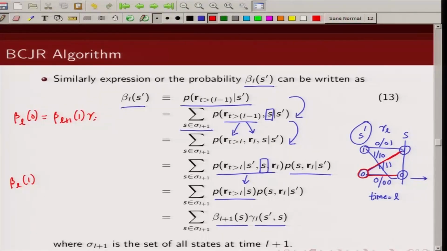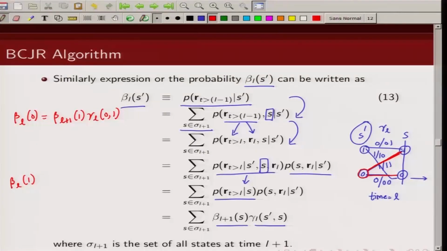The contribution of the first is beta L plus 1 corresponding to state 1 multiplied by gamma of this trellis section, gamma L when the initial state is 0 and the next state is 1.